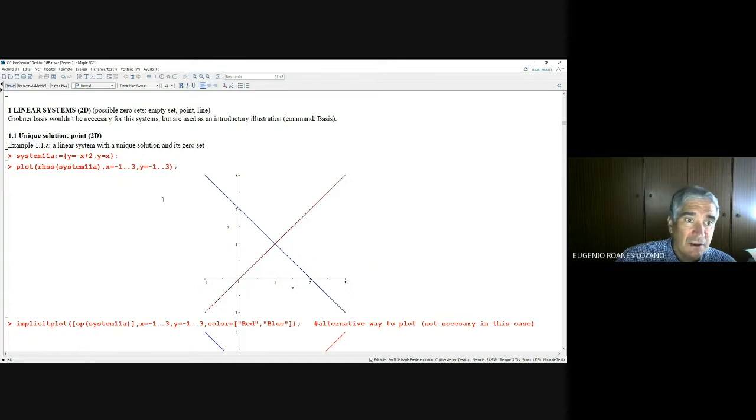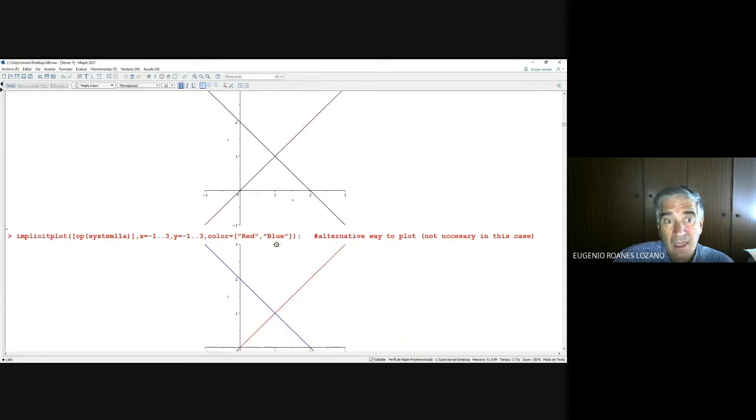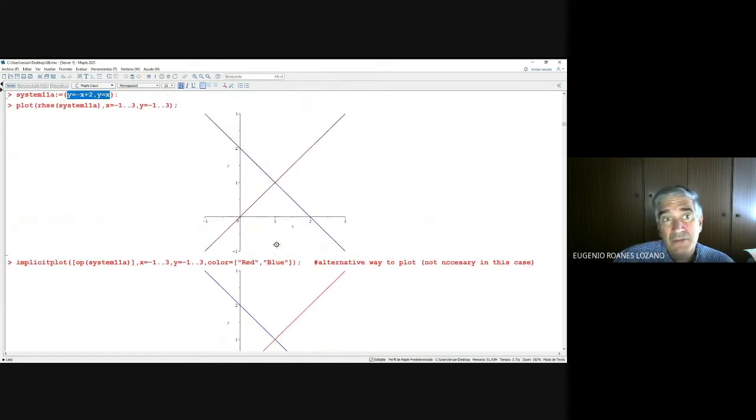For instance, if we consider this system, y equals minus x plus 2, y equals x, the zero locus is the intersection of the two lines. We can plot it in Maple either in explicit form or in implicit form.